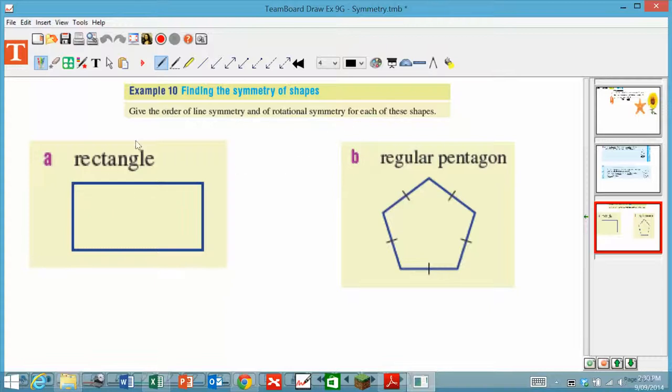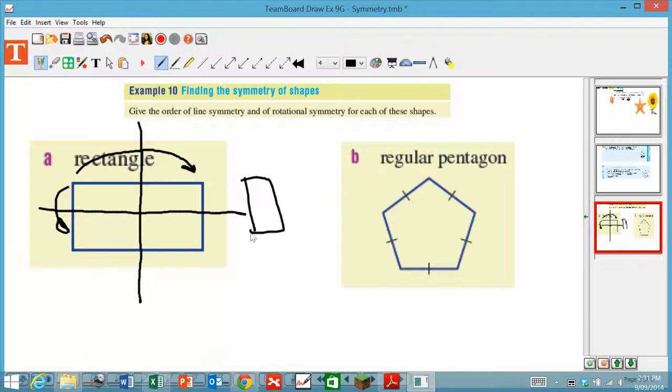Give the order of line of symmetry and rotational symmetry for each of these shapes. The line of symmetry should be down the middle, and if we folded this over, it would match up exactly. The same goes that way, right through the middle. So there'd be 2. Now if we rotated this, how many times would it repeat? If we rotated it once, it's not repeating, is it?